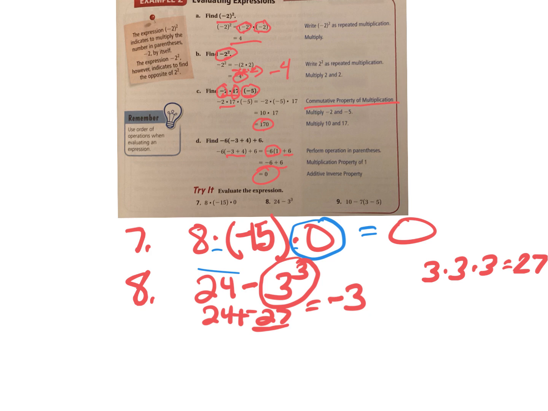All right, let's do number 9. We have 10 minus 7 times parentheses 3 minus 5. All right, so we do the parentheses first. 3 minus 5 is a negative 2.